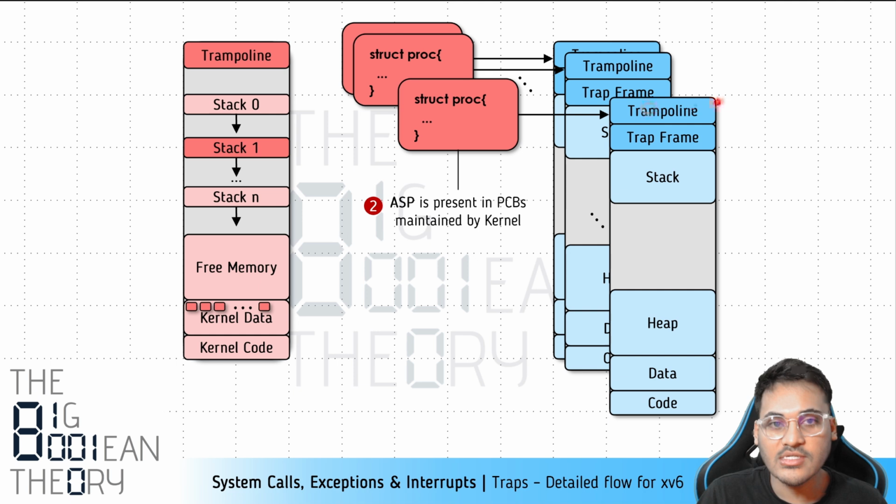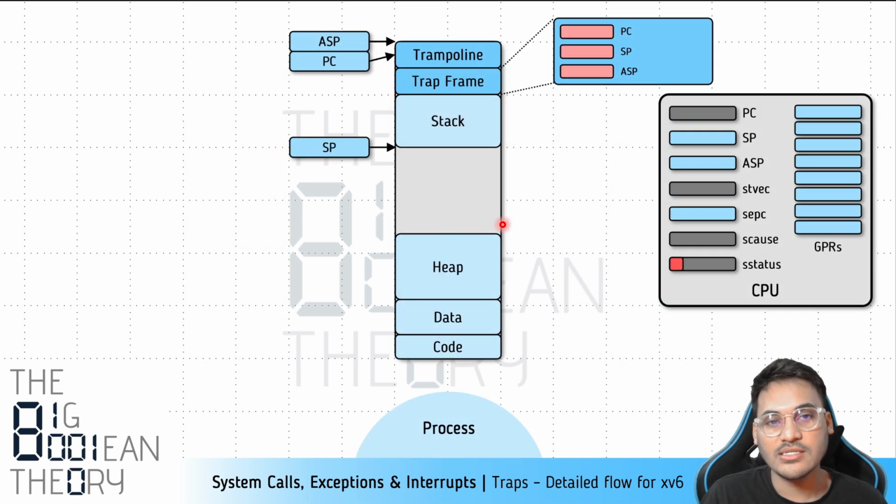So for every process, the address space pointer is already present in the process control block, which is present in a list. So the kernel already has this information. It does not need to save it anywhere. It can get it from the process control block when we are about to return. So the address space pointer we do not need to save, but the remaining registers we do.